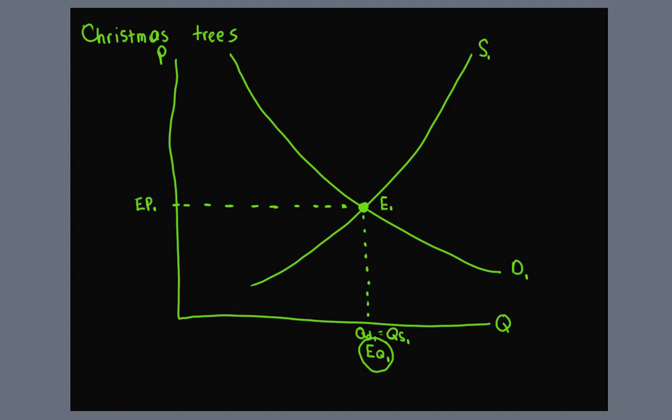So the way we can see this on our supply and demand curve is, let's imagine that it is now after Christmas. And after Christmas, let me do this in a different color. After Christmas, people reduce their demand for Christmas trees. Christmas is now past, so there is a shift in the demand curve to the left.